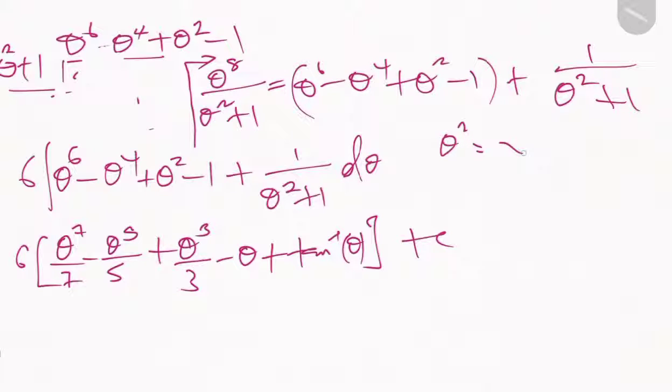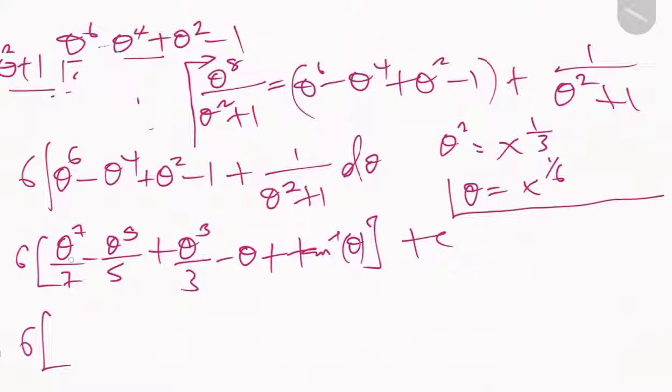Now theta, if you find the square root of both sides, theta will be equal to x raised to the power 1 over 6. So here, so you have 6. Then what is theta now? You have x raised to the power 1 over 6.